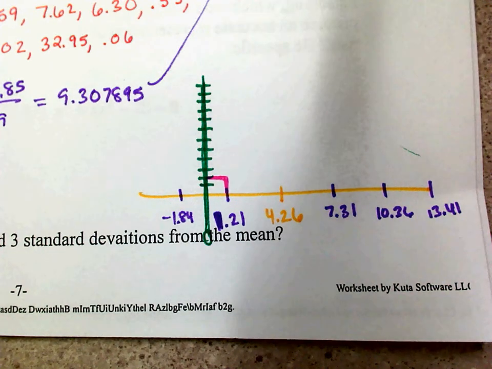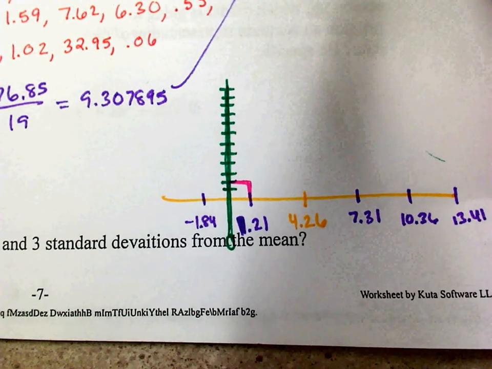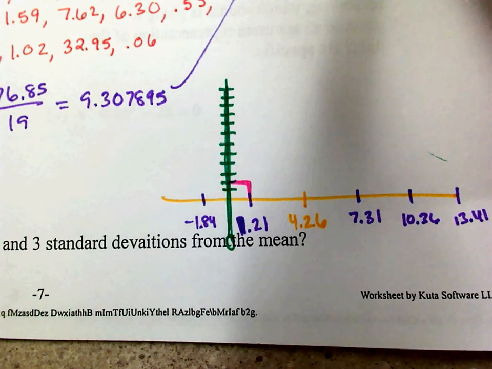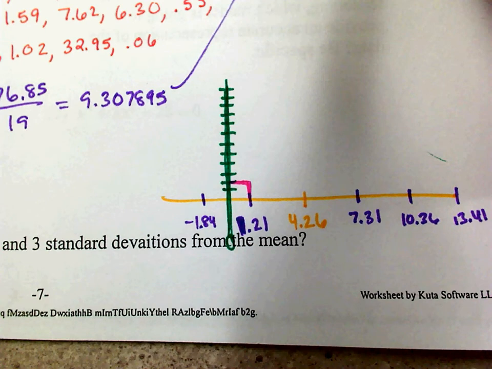So 1, 2, 3, good. 4, 5, 6, 7, 8, 9, 10. 9? No. I'm saying this is x equals 0, 0 years of age.